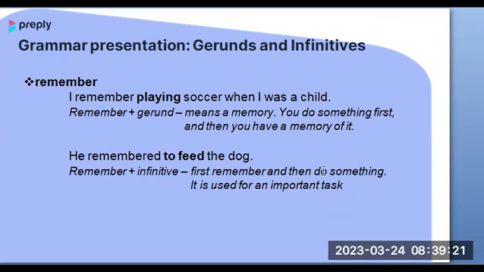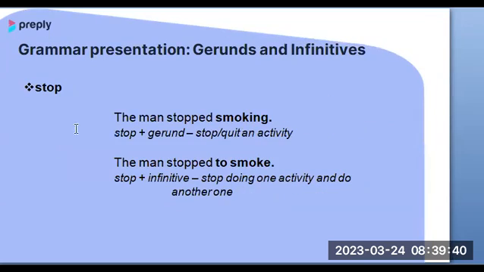Basically, remember plus gerund is for a memory, while remember plus infinitive is used for talking about an important task that you need to do. Okay? Questions? No. How about stop? Okay.